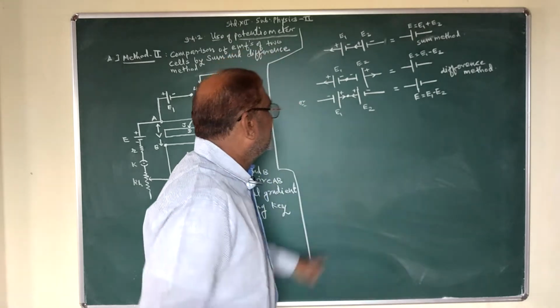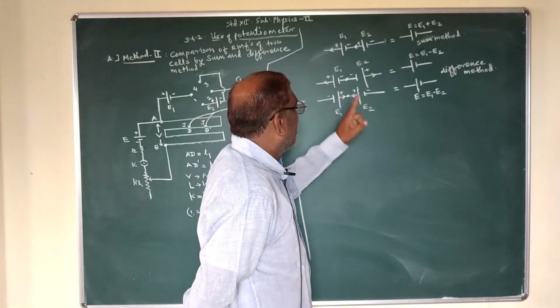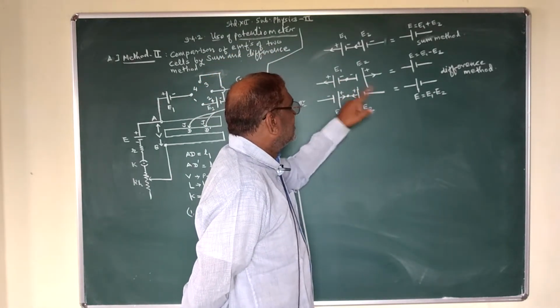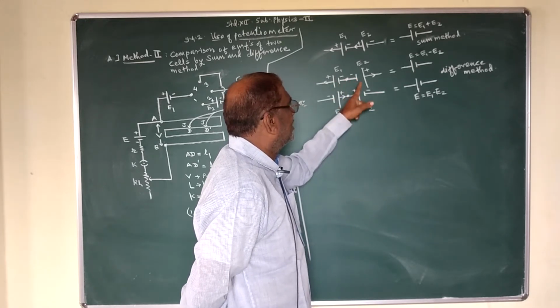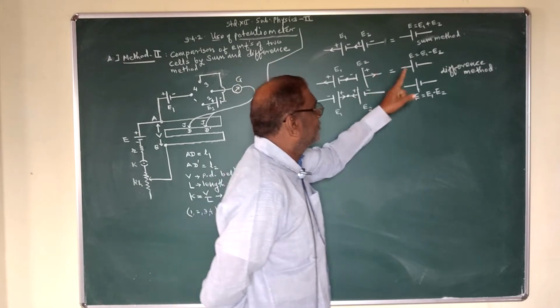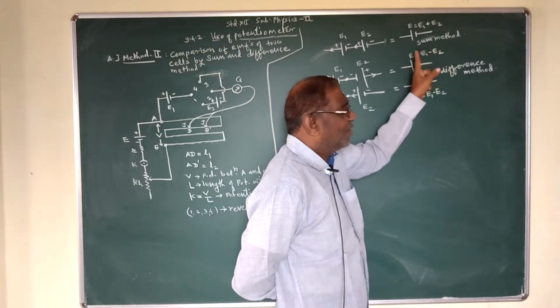While in case of the difference method, how can we connect these two cells together so that it gives the difference of EMF of two cells?